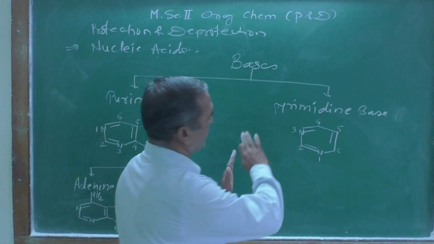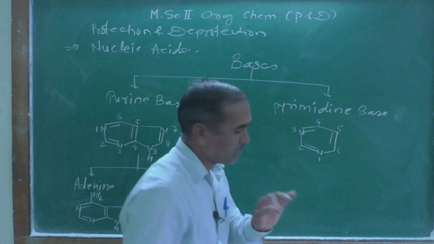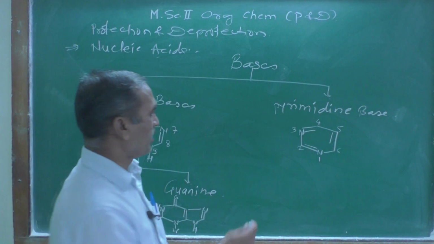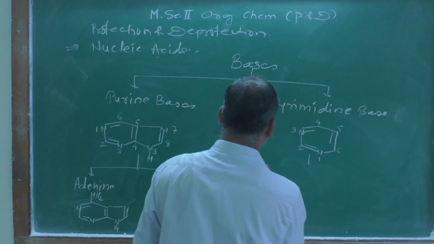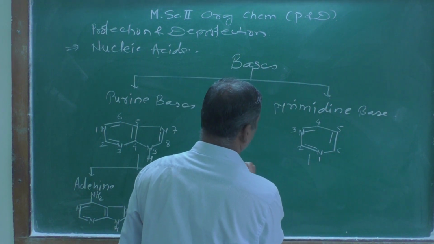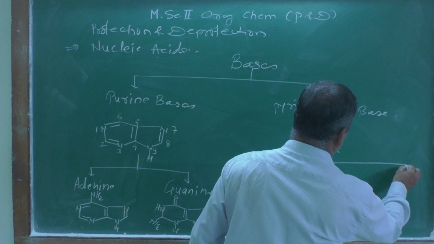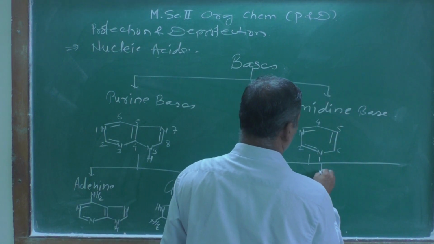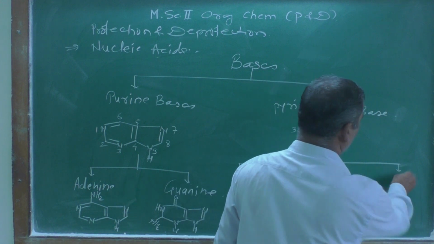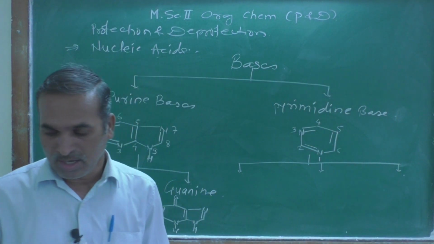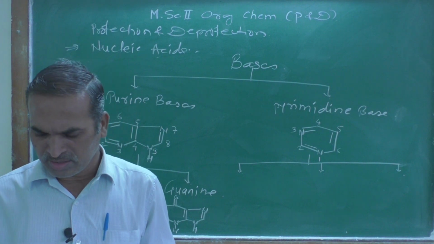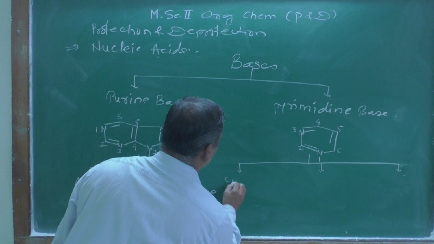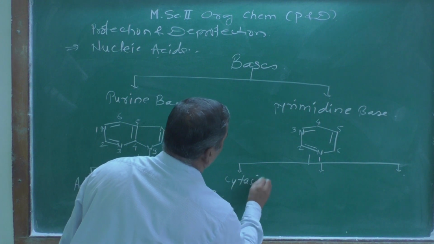Now moving toward pyrimidine, and that pyrimidine is further divided into 3 types. This pyrimidine is divided into 3 types. Number 1, number 2 here we can write, and number 3 you can write here. And number 1 is called cytosine.